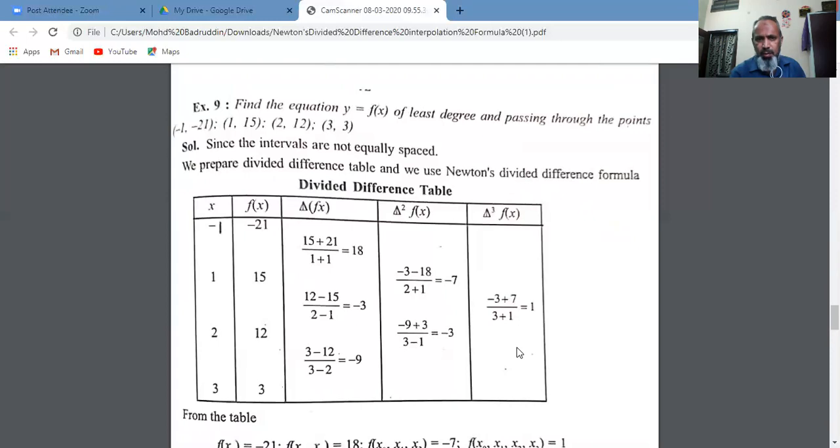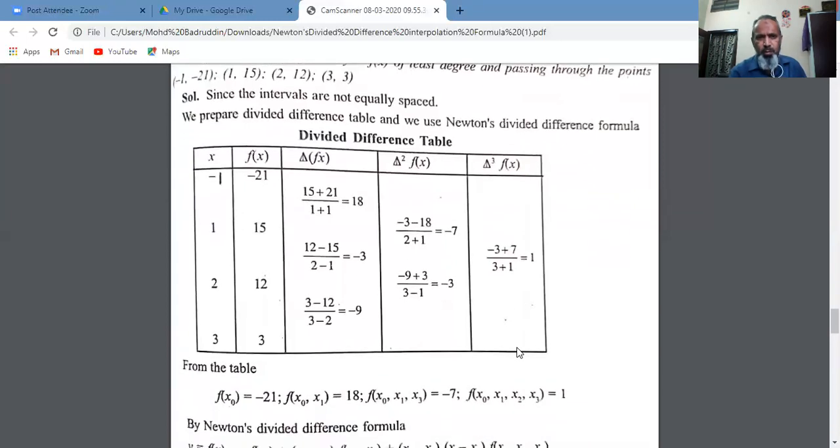After constructing the divided difference table, let us write the values of x0, f of x0, f of x0 x1, the first divided difference. This is the x0 value. This is f of x0, minus 21. This value is f of x0, x1, the first divided difference. This value is f of x0, x1, x2, and this value is f of x0, x1, x2, x3.